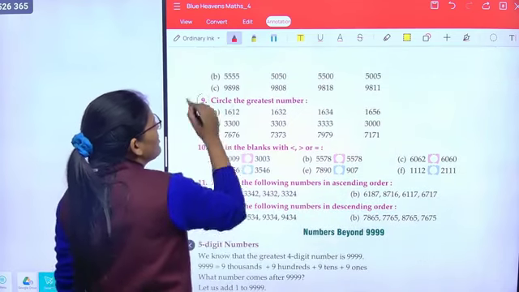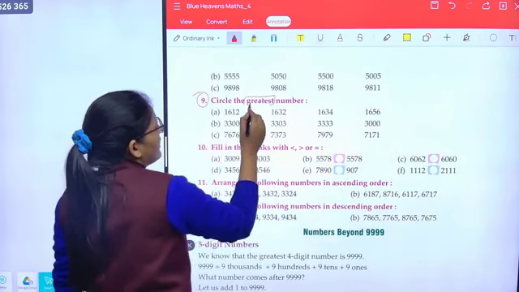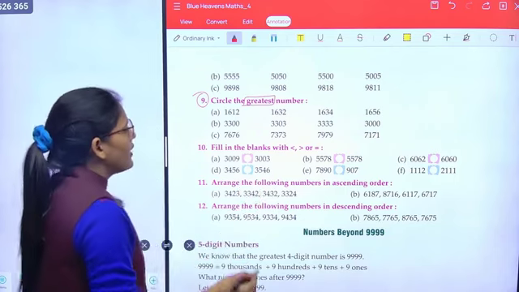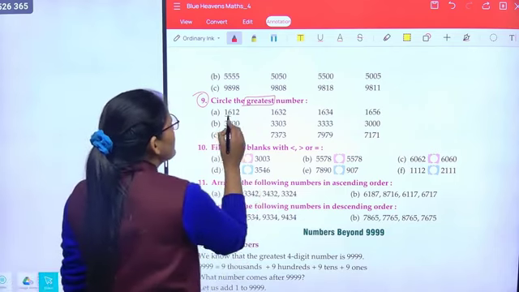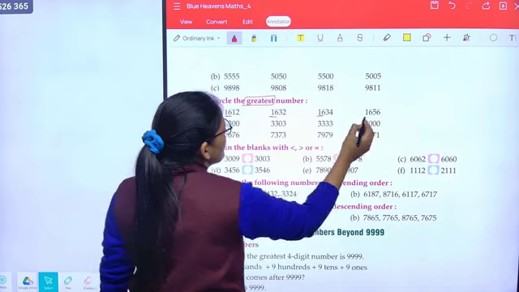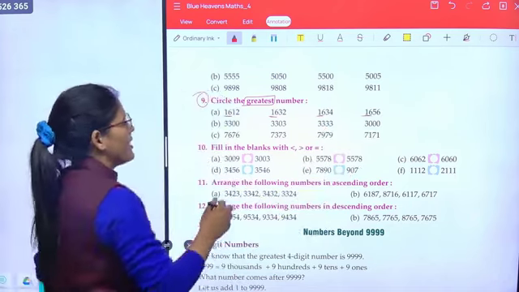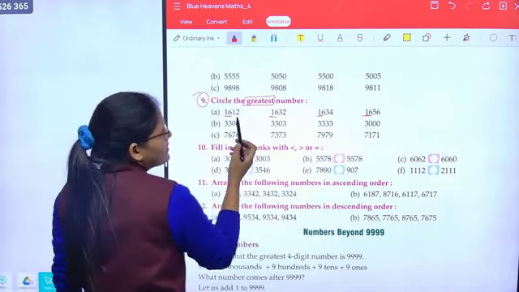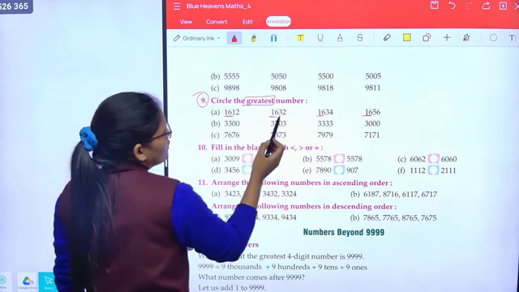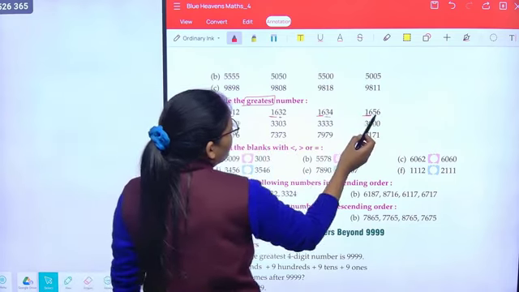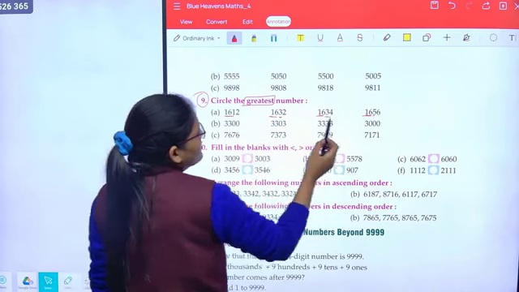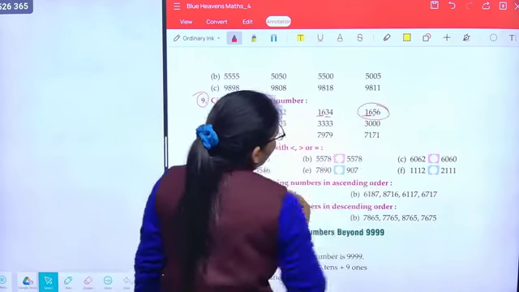Now, students, question number 9. Circle the greatest number. Here is 16161616. Yes, class. So we will compare the tens digit. Now 1, 3, 3, 5. So which one is bigger? This one.